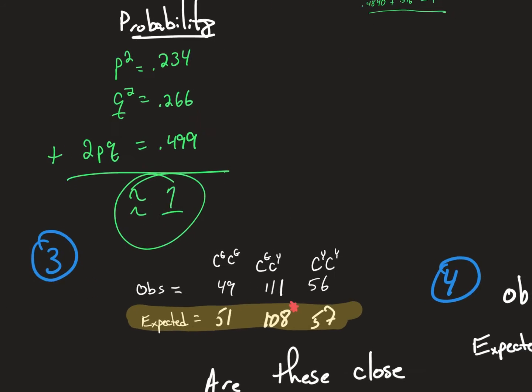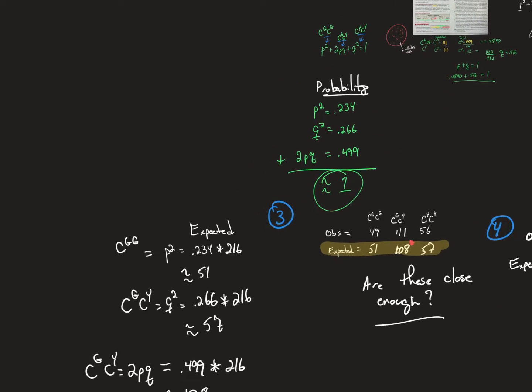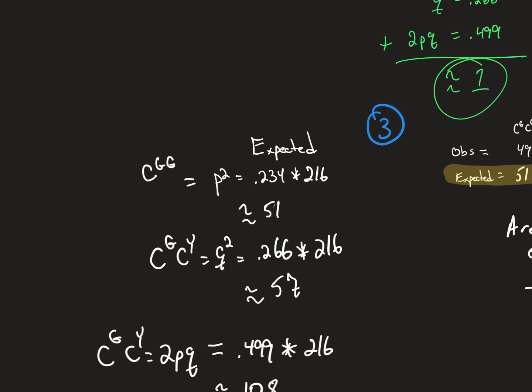Oops. So how many do we expect? If we use this, how many would we expect? Well, P squared is how many CG CG we'd expect. We'd expect about 51. I messed up my notation here.